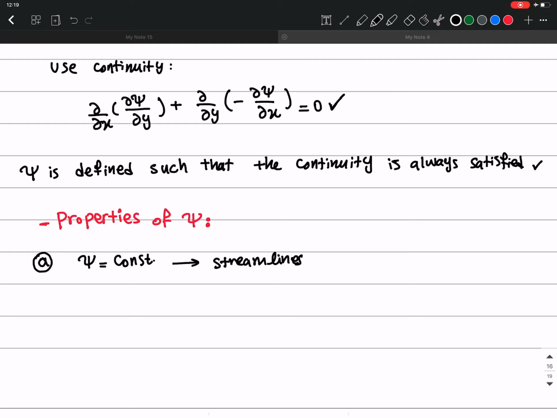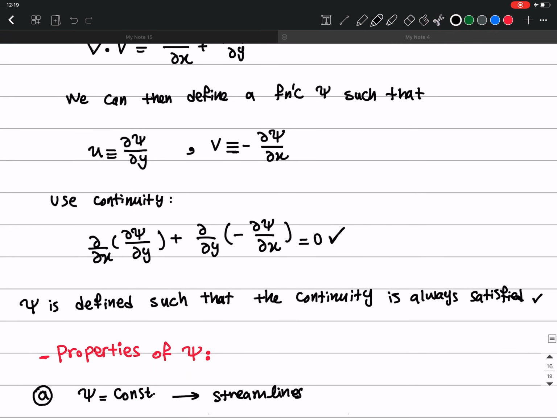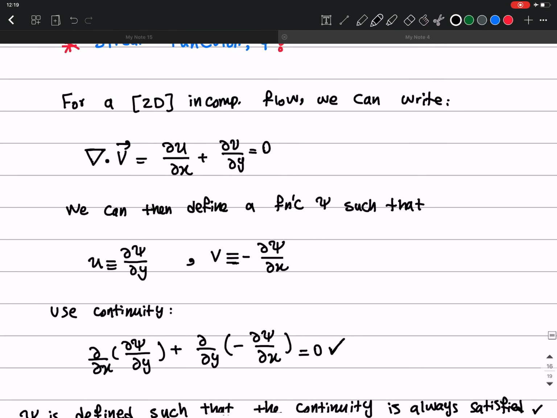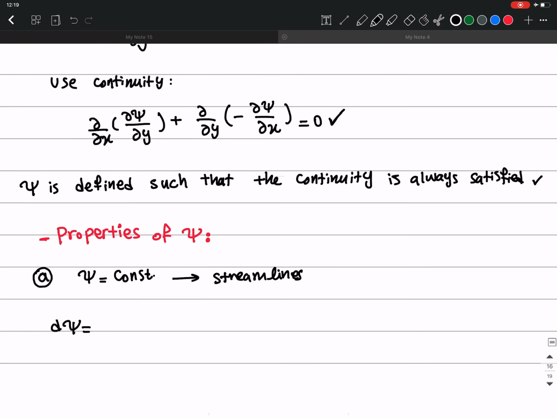And we can prove that. So let's look at it. So d psi is going to be the differential of psi, because psi is only a function of x and y, right? So it's going to be partial psi over partial x dx plus partial psi over partial y dy.